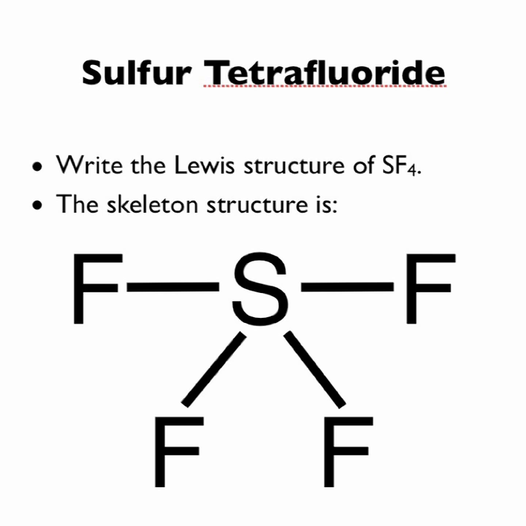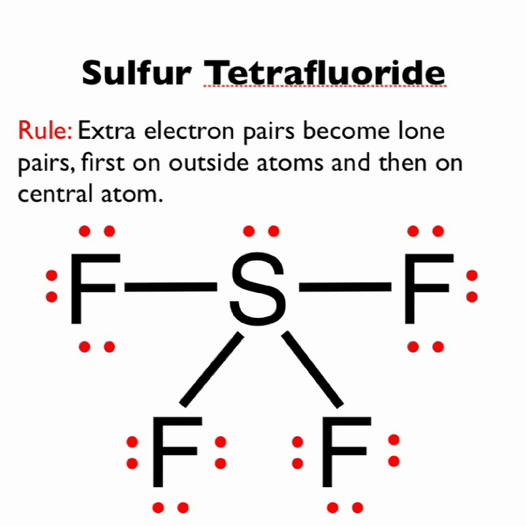Sulfur has 8 electrons, so its octet rule is complied with. Each fluorine needs 6, so 4 times 6 is 24. We have 26, so we have enough electrons. So we place 6 electrons in 3 pairs around each fluorine, and then we put the extra electrons around the central atom, sulfur.